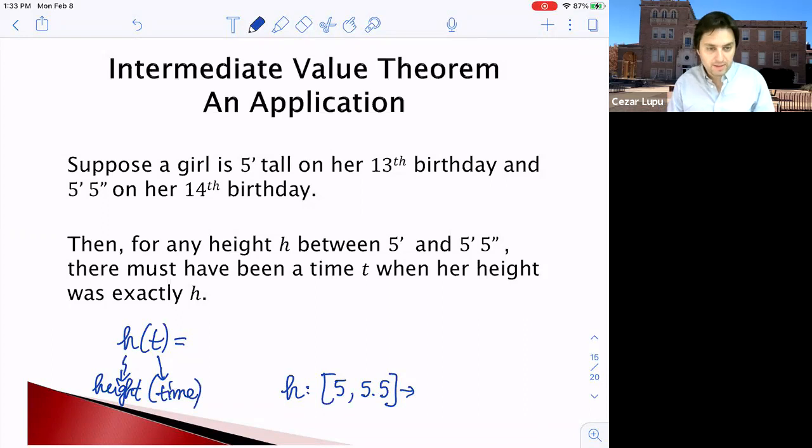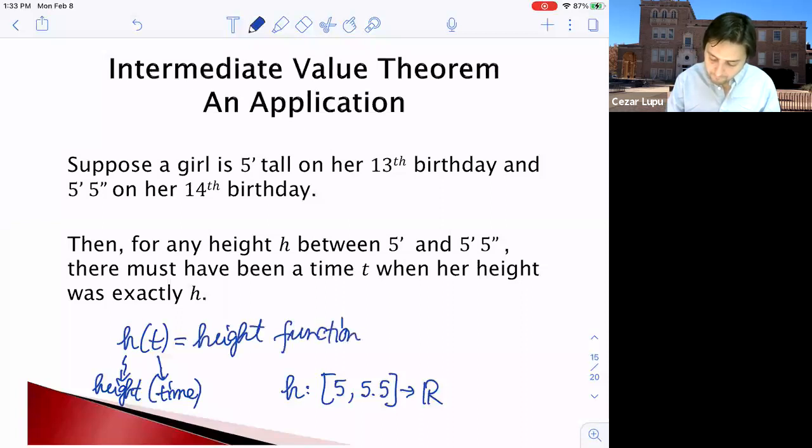As you can see, there must be a time t for which her height was exactly h, which is exactly the intermediate value property. So, let me put it this way: this is the height function of variable time t.